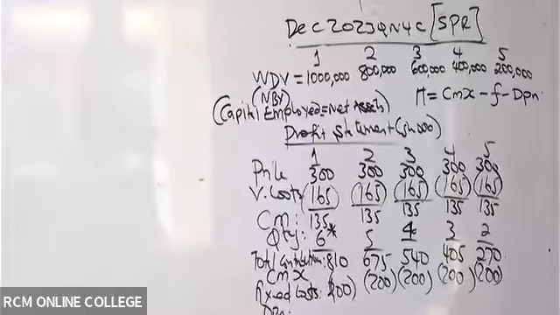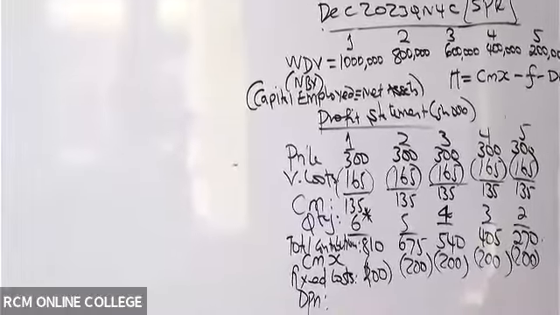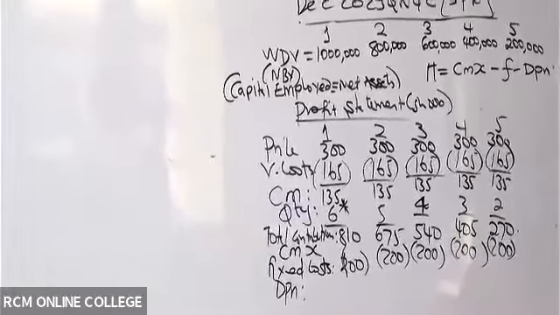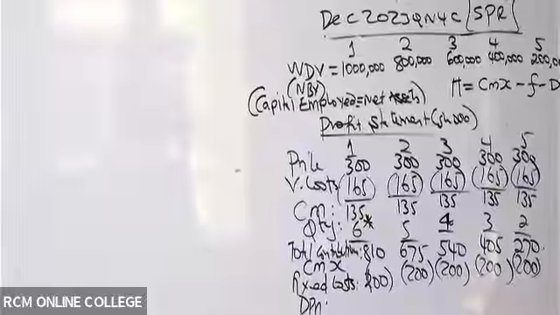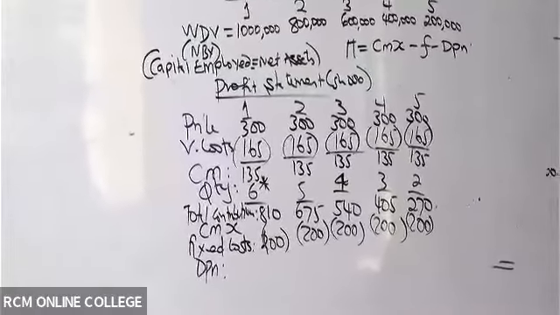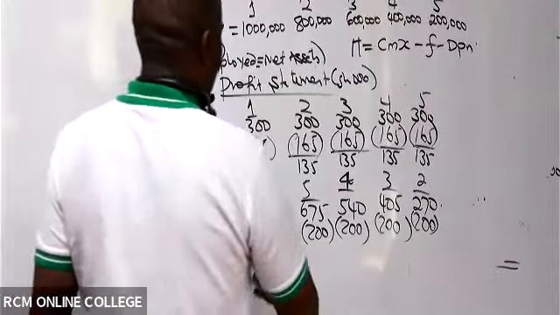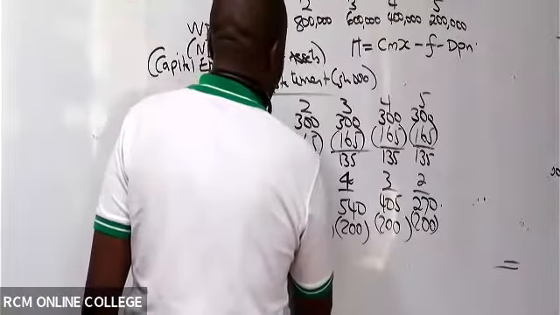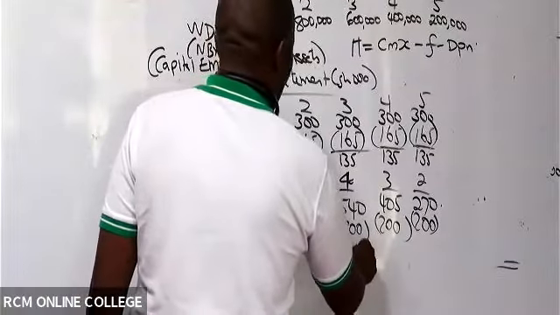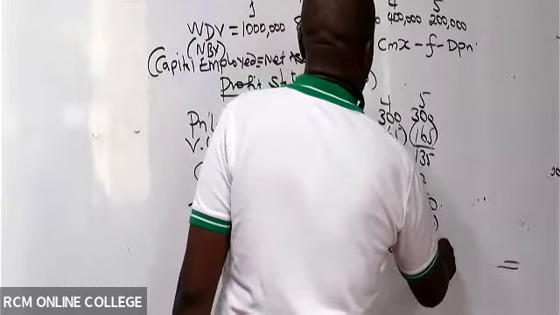Are you able to remember the depreciation, my good students? Yeah, so depreciation is 200 as well. We calculated it. Depreciation was 200. So we have 200, 200, 200 there. Then we have 200 there.